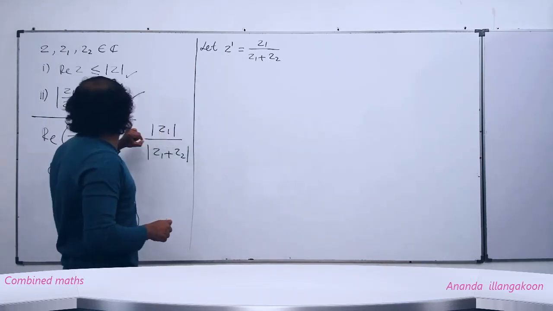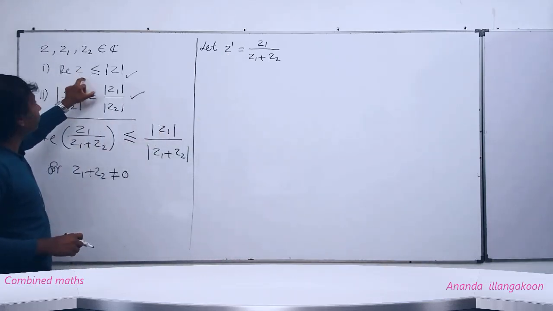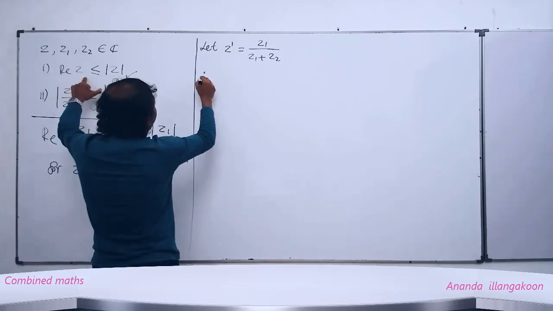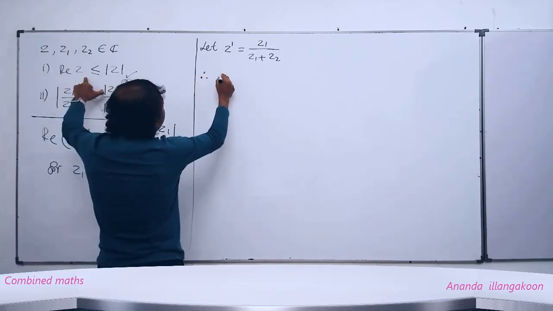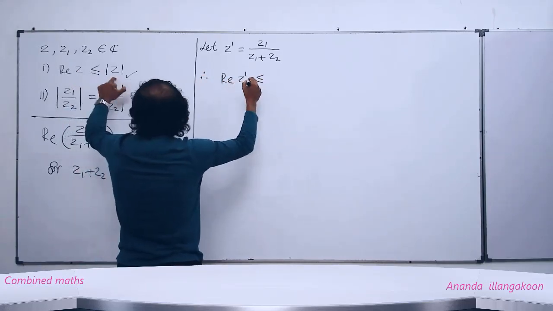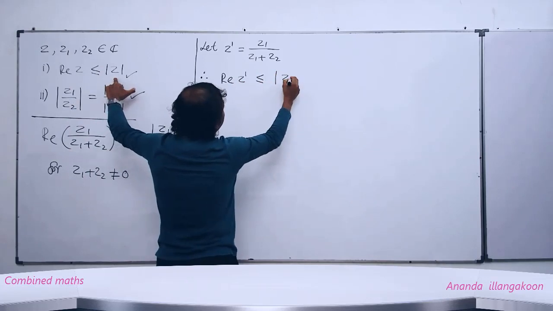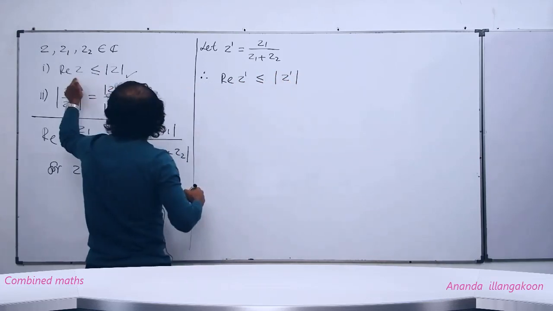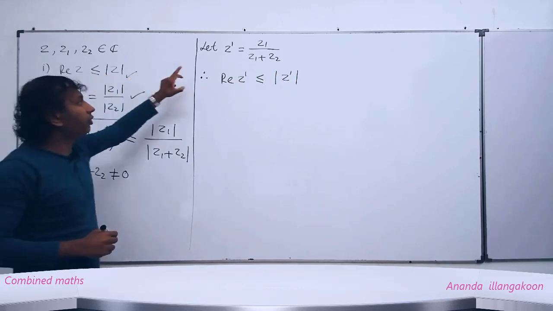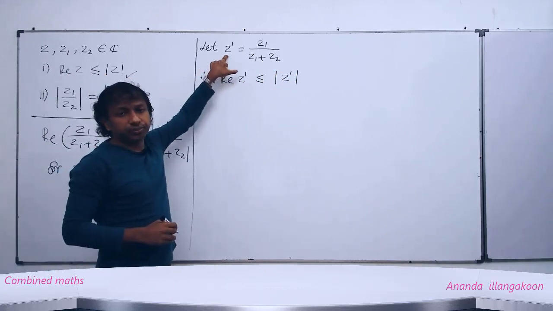But now we have proved here like this. And then using this, therefore, the real part of Z dash should be less than or equal to mod Z dash by applying this result. Because we proved this result, that one we apply for this complex number Z dash.